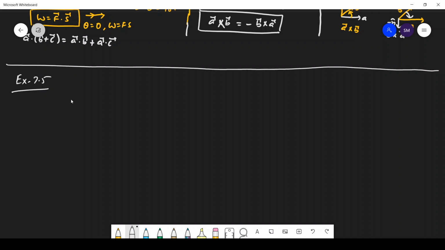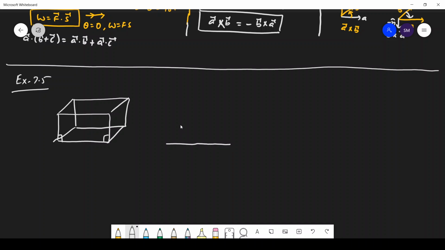So we have a parallelepiped. See, we have a cuboid. You are all aware of a cuboid. This is a cuboid. It means we have these angles as 90 degrees, right? But in a parallelepiped these angles are not. See, a cuboid is also a kind of parallelepiped. Here we actually have a parallelogram instead of a rectangle.